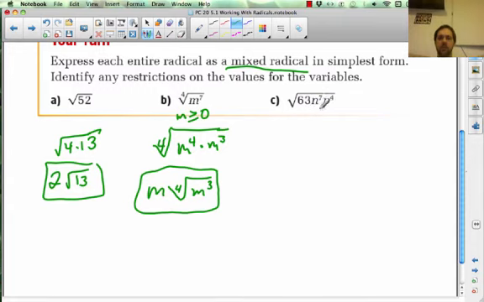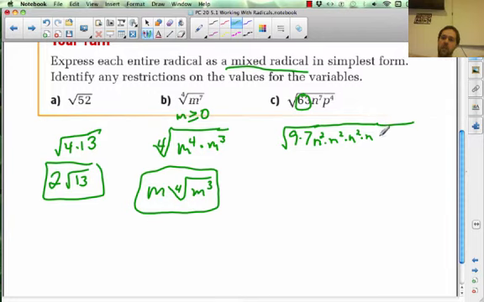Alright, root of 63 n to the 7 p to the 4. There's a lot going on here. Let's deal with the 63 first. 63 can be written as 9 times 7. n to the 7 can be written as n squared times n squared times n squared times n. p to the 4 can be written as p squared times p squared.